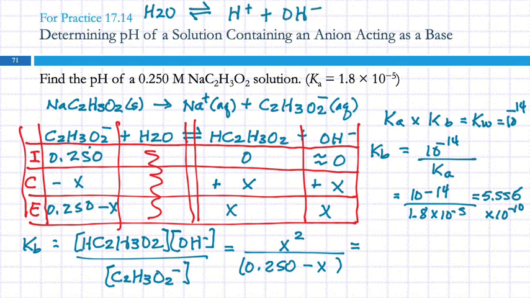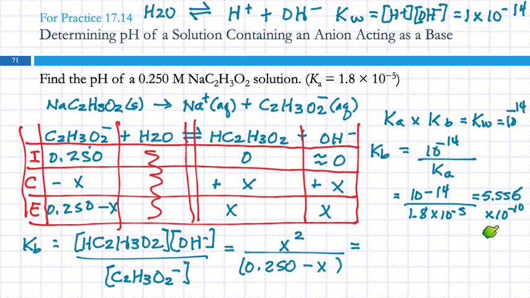This is an equilibrium, and the equilibrium constant for that is called Kw. It's H plus times OH minus. And at room temperature, it has the value 1 times 10 to the minus 14. It's a good question.